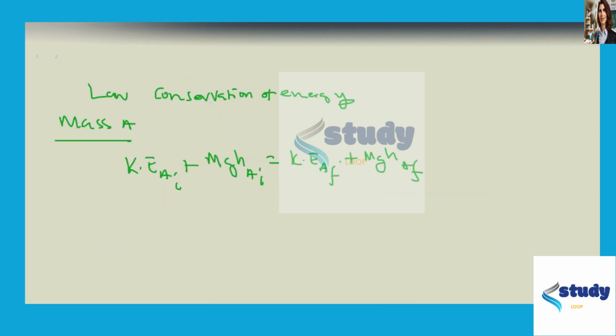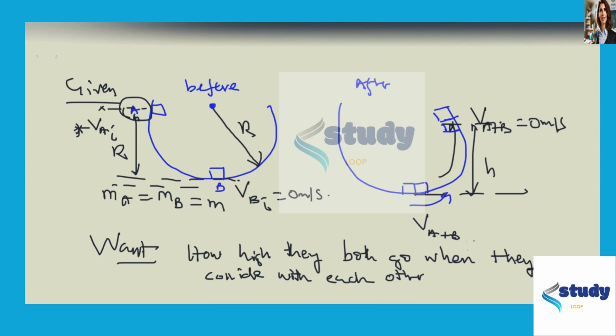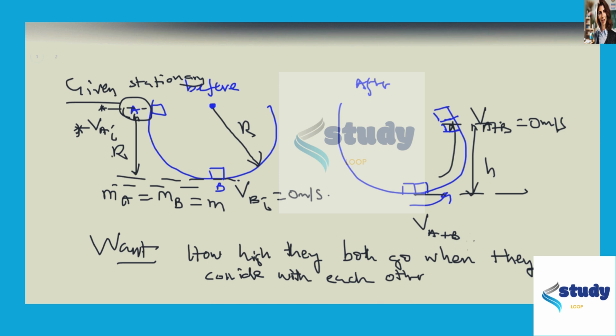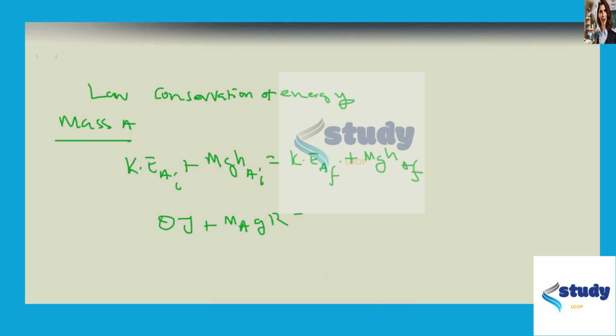Coming back, we see that the initial kinetic energy is 0 joules, since we're starting right here, stationary. Then we have the mass of A times the acceleration due to gravity times the radius. This radius is the same as the initial height of A, and that's the replacement we have there.